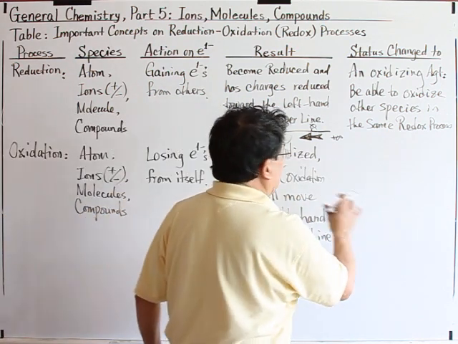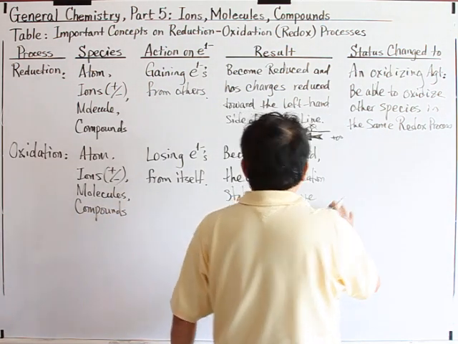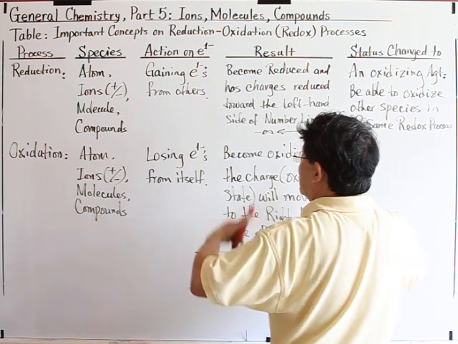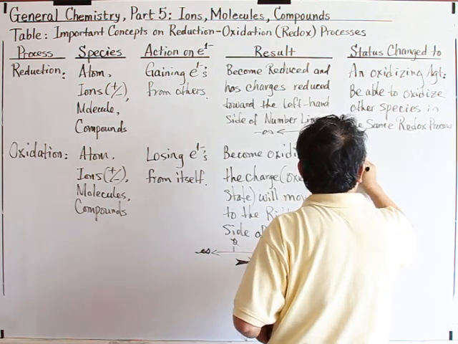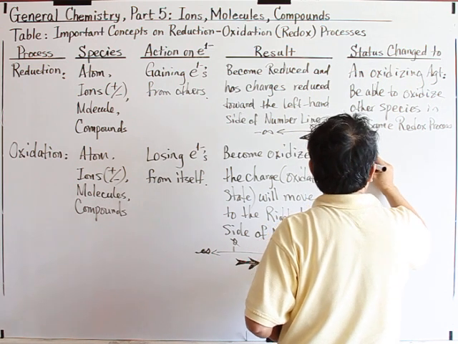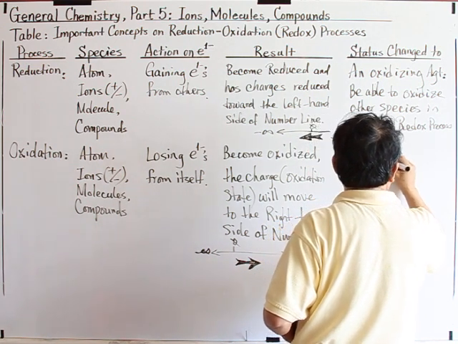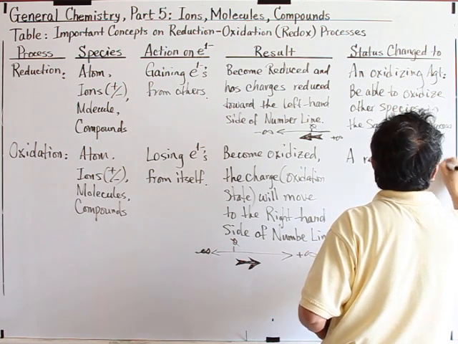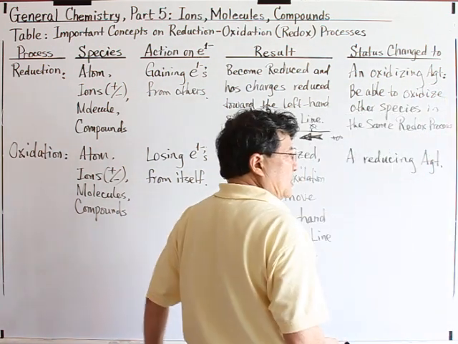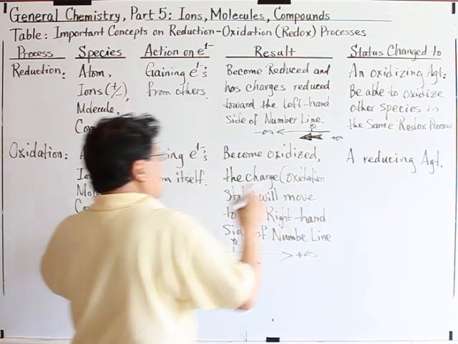Now what happens after this occurred? This species, after losing electron, becomes what? A reducing agent. What does the reducing agent do?